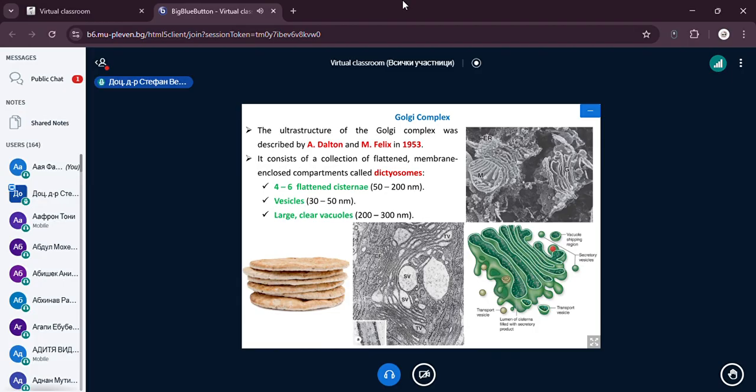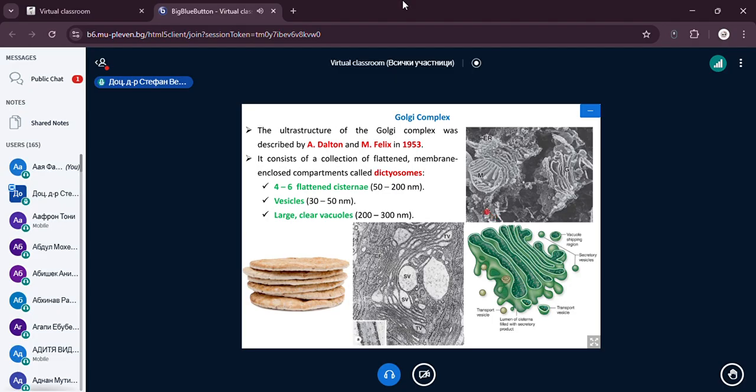This is a diagram which shows the same structure of the dictyosome seen under electron microscope. These are the flattened cisterns, smaller vesicles up to 50 nanometers, they are budding from these cisterns, and larger vacuoles which have a diameter of up to 300 nanometers.